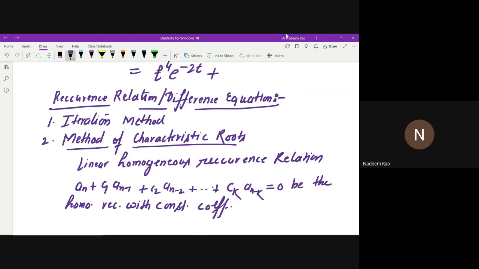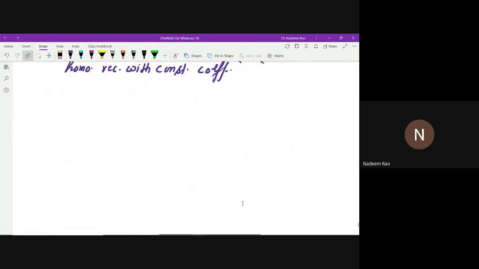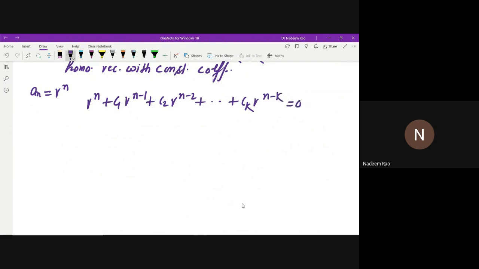Now, to find the solution, how will we find it? Put a_n equals r^n in the above recurrence relation. We get r^n plus c1 r^(n-1) plus c2 r^(n-2) plus dot dot plus ck r^(n-k) equals 0.